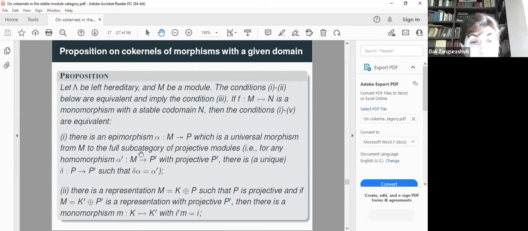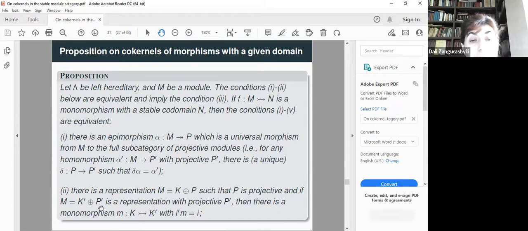First of all, these two conditions: that there is an epimorphism alpha, which is a universal morphism from M to the full subcategory of projective modules. I will not give the definition because I don't have the opportunity to write, but this is a well-known notion. This is the first condition.